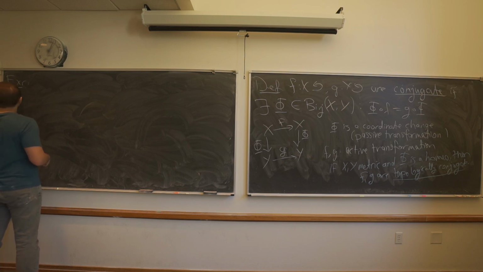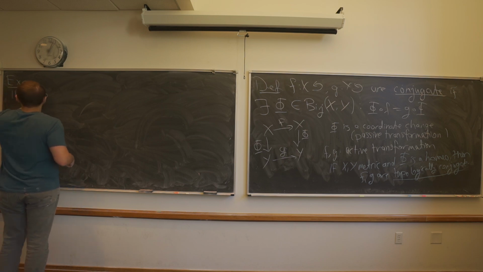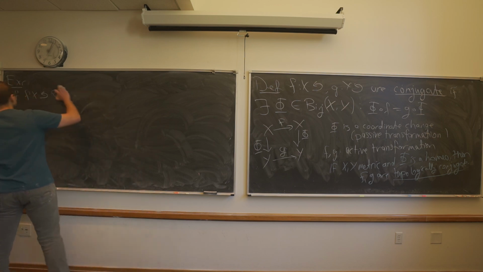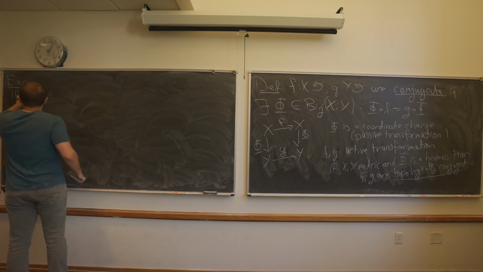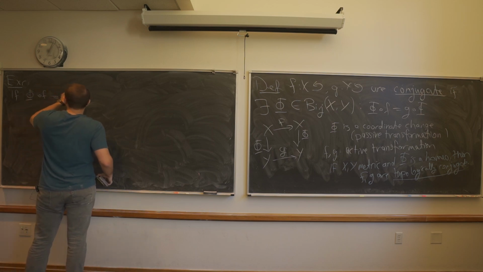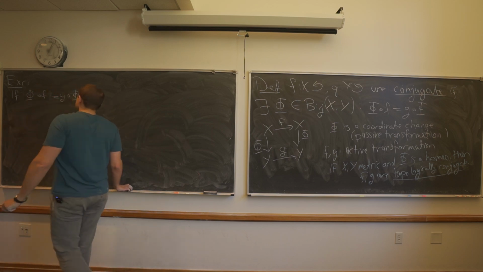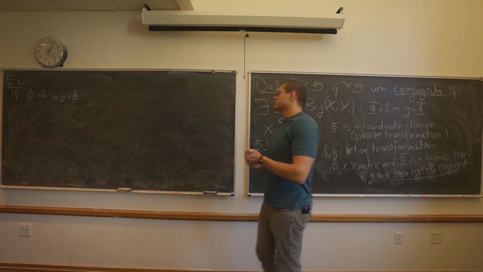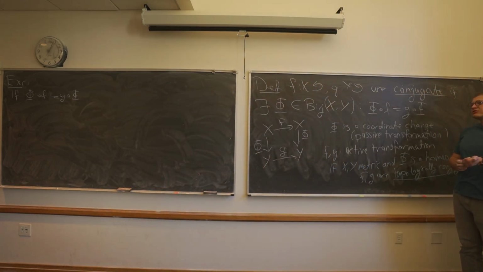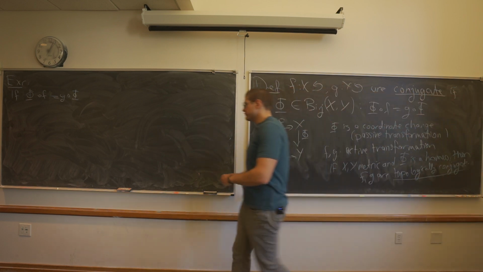So if you have a conjugacy from f to g, well, you know that their sets of fixed points have to be conjugated, and likewise sets of periodic points and so on.